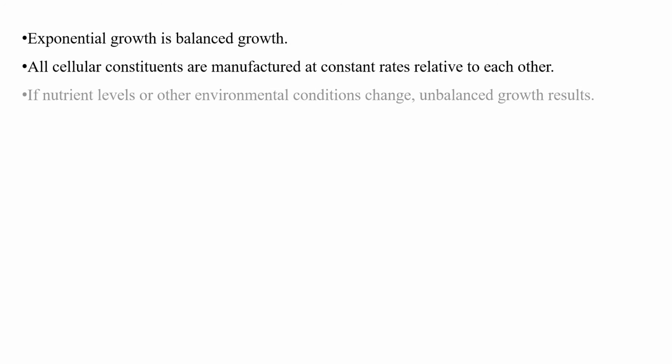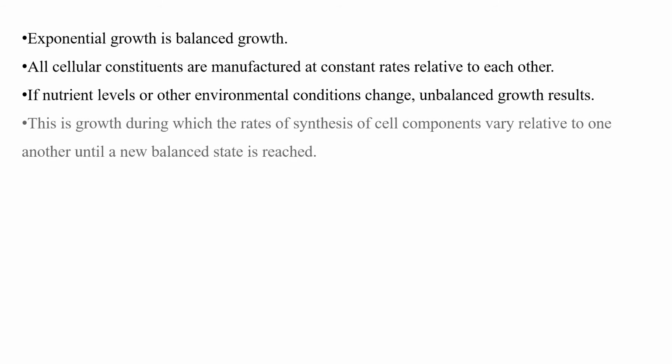Now, if there is a change in the nutrient level, or if there is a change in the environmental conditions in which they are growing, then unbalanced growth can also occur during the exponential phase.